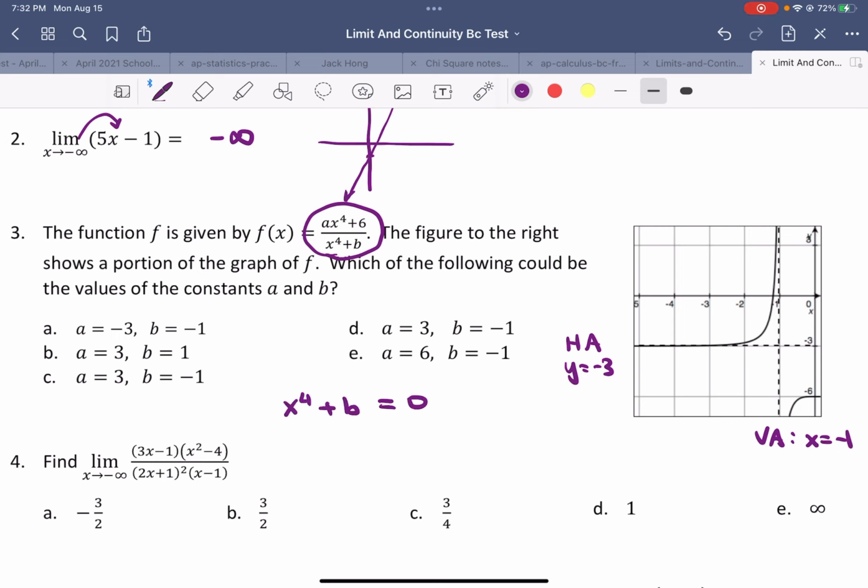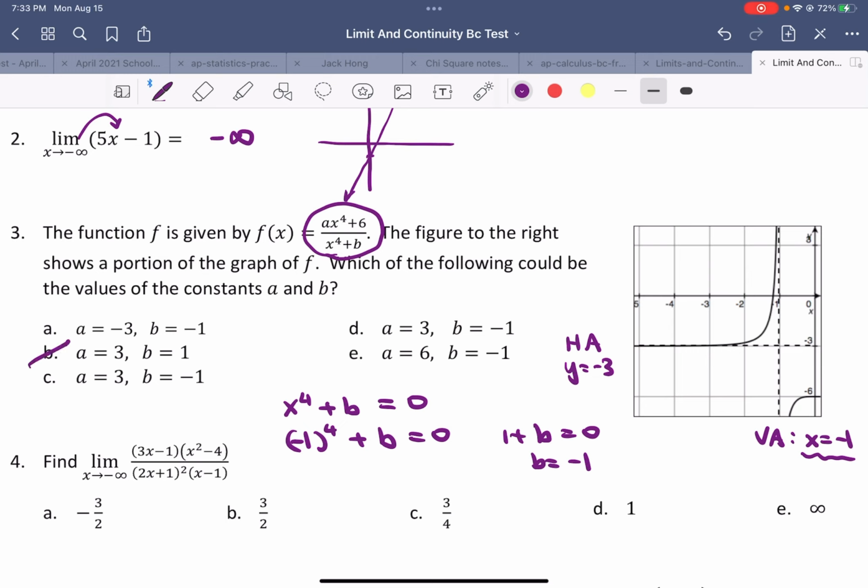Since we already know x equals negative 1 is a vertical asymptote, you can substitute: negative 1 to the fourth power plus b is 0. So 1 plus b is 0, so b is negative 1. Okay, so that eliminates b.